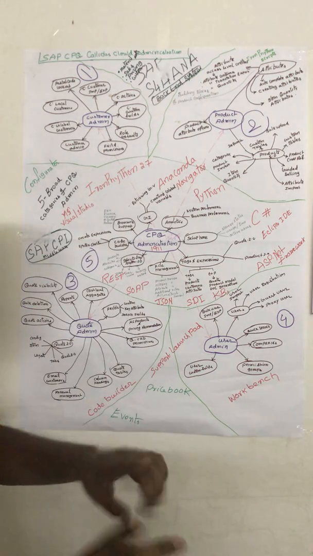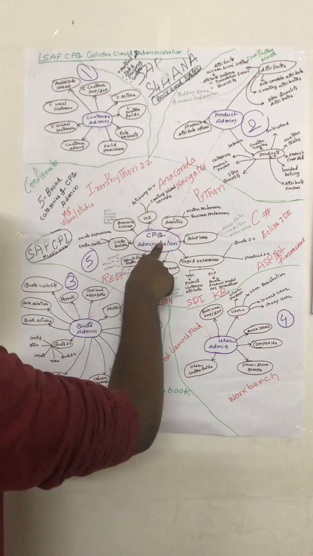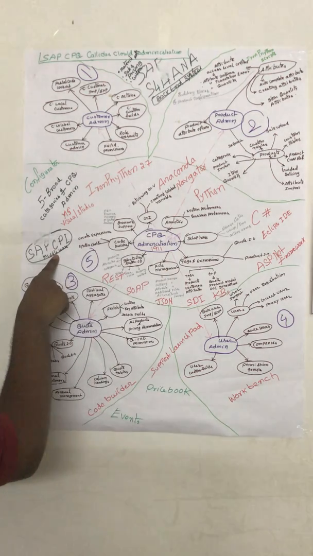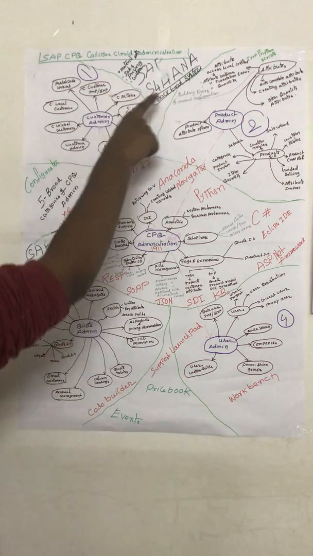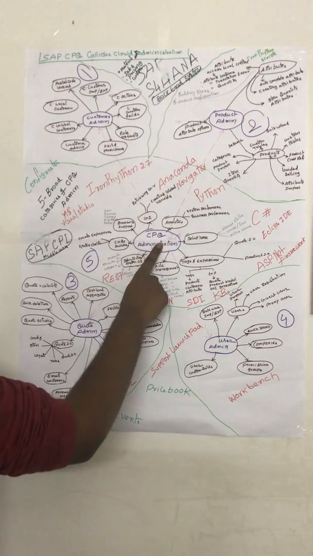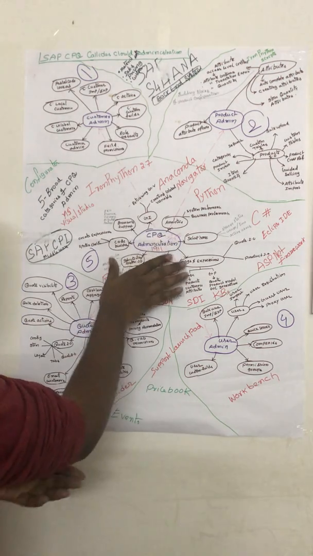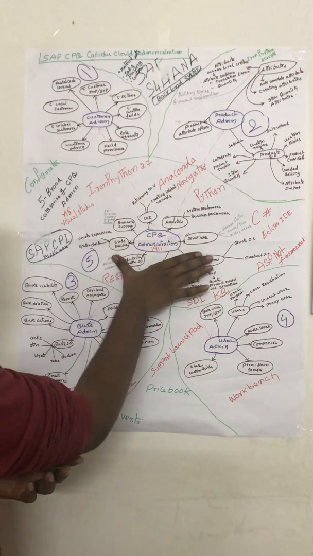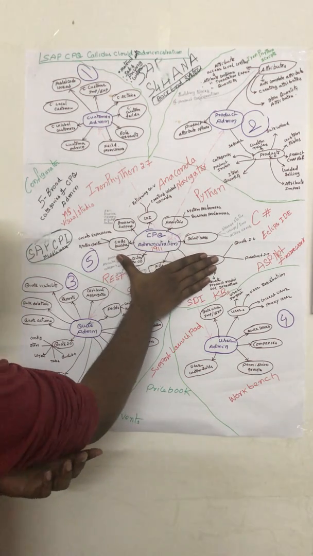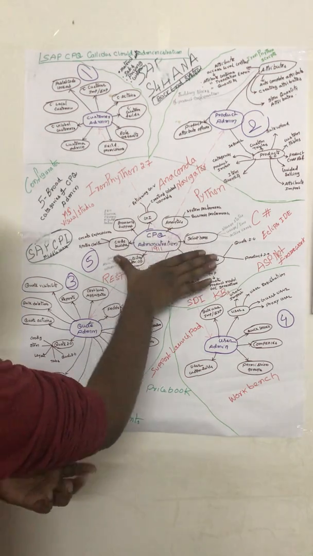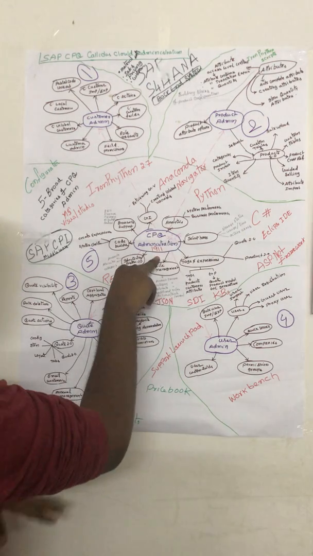So here we have three main things: CPQ administration, SAP CPI, and S4 HANA. In CPQ administration, all the script things and the code process happen here.